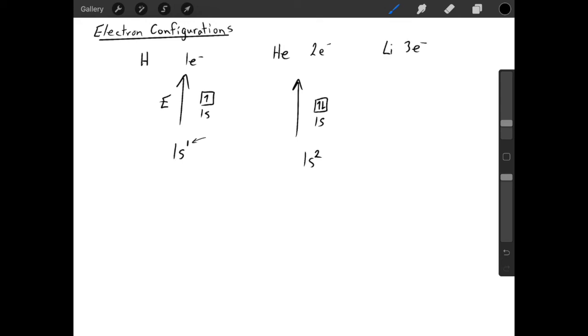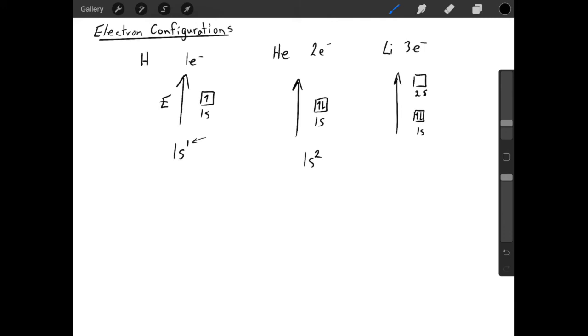Lithium has 3 electrons, so our box diagram is going to get a little bit more complicated. Now we'll need access to 2 orbitals. We add our first electron, and we look around to see if there are any other orbitals at that same degenerate energy level. There aren't, so we can pair up that electron.